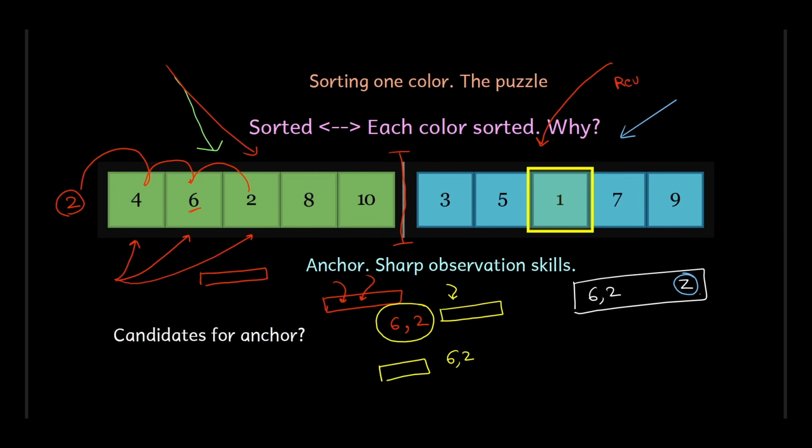If you use this Z as an anchor and you reverse this subarray, then Z will land over here and you will have 2 and 6, and then 2 can cross this Z, right?